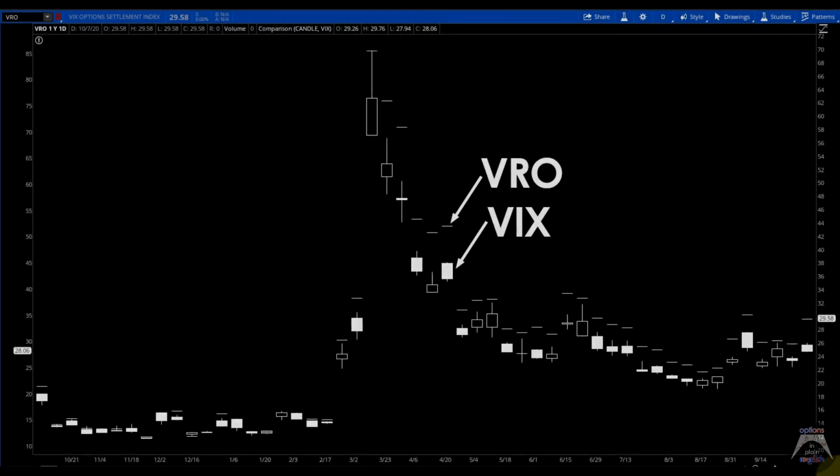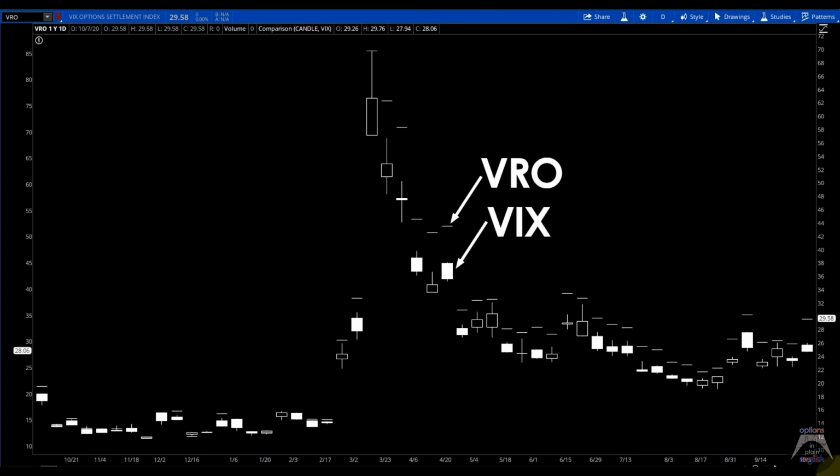Finally, we've already talked about the difference between VRO and VIX. VIX is a number that's always being calculated. As long as there's SPX options that you can get values from, you can get a value for the VIX. It uses two different expirations, and you get a value for the expected market volatility for the next 30 days.